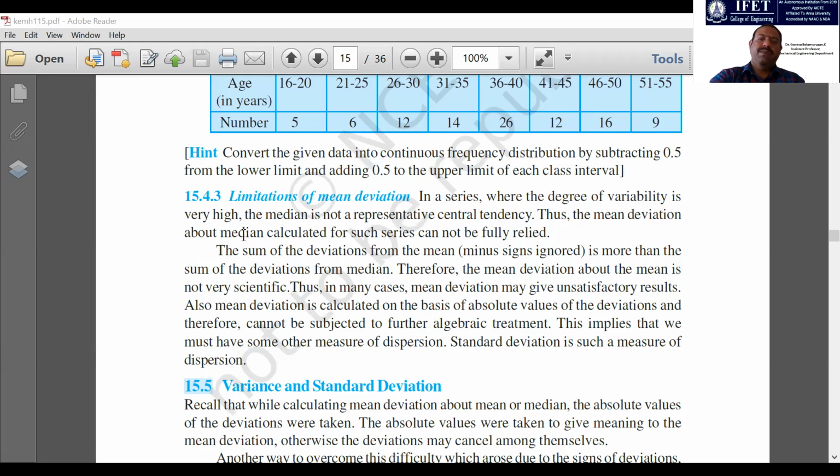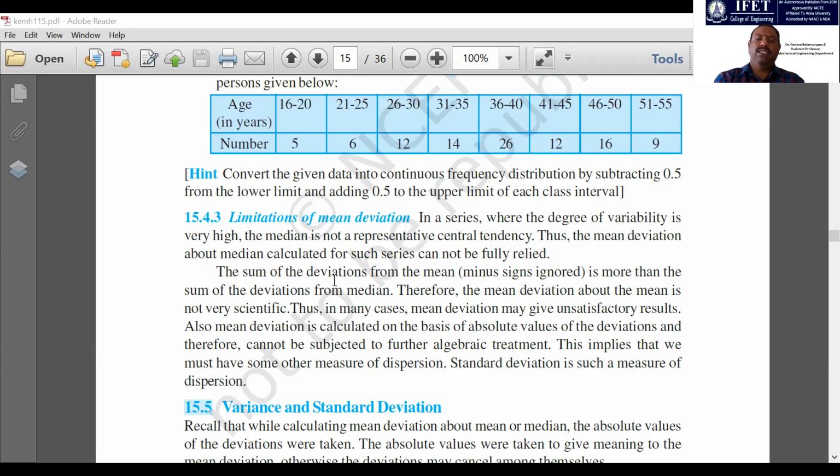Mean deviation means you have to find the deviations from the mean value, that is, how the readings we take from a particular measuring instrument are deviated from the mean value.